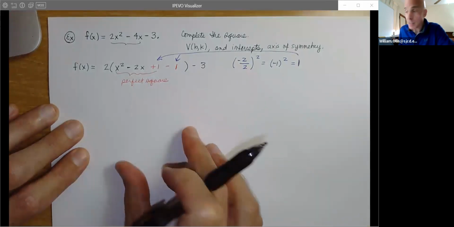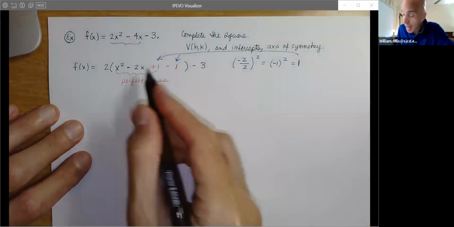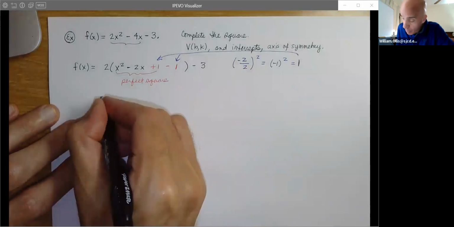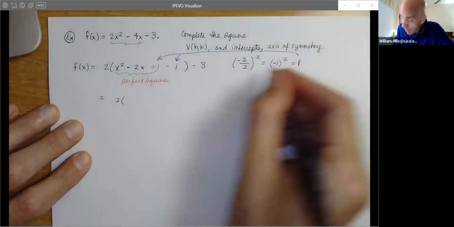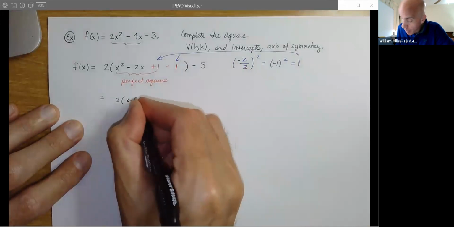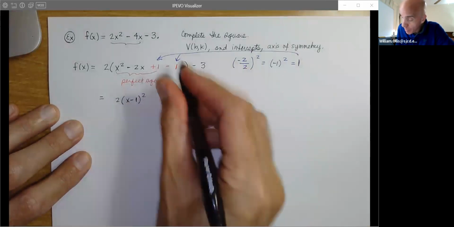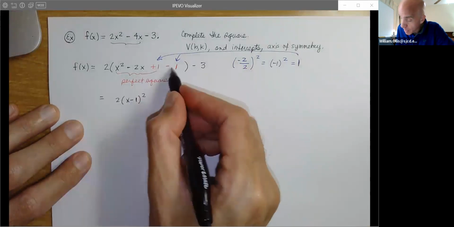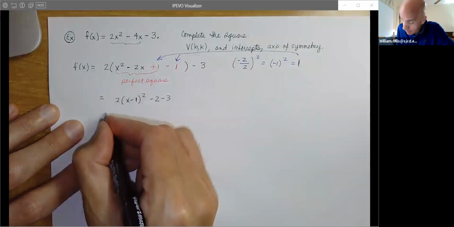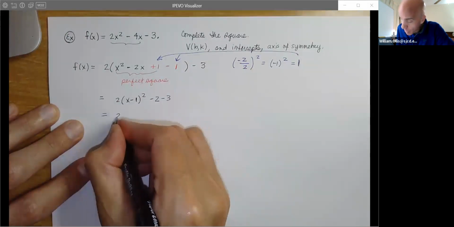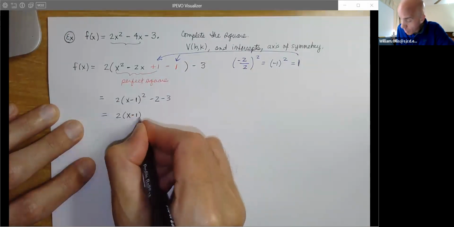That's how you complete the square. And now we're thinking, okay, well, this is the perfect square. This is 2 times x minus 1, quantity squared, that part. And then, of course, here we have 2 times the negative 1, which is minus 2, minus 3. So we get 2 times x minus 1, quantity squared.